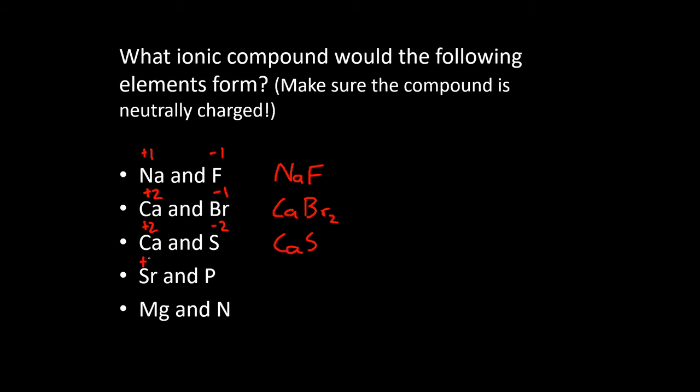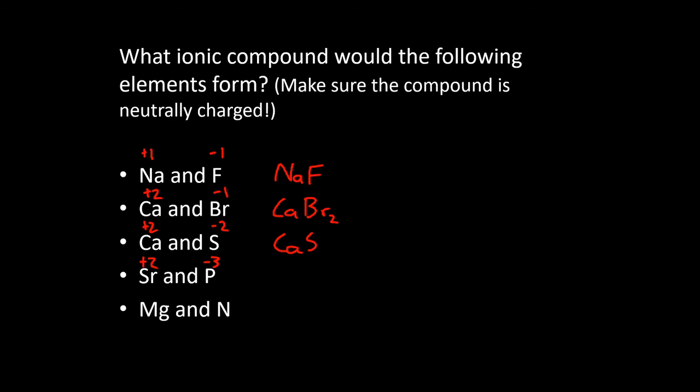Strontium is in column 2 as well, or group 2. Phosphorus is in group 15, so it is -3. This one's a little bit different now, because we don't have the same charge. We have +2 and -3, but we're going to need more than just 2 of one of those atoms to get this to balance.